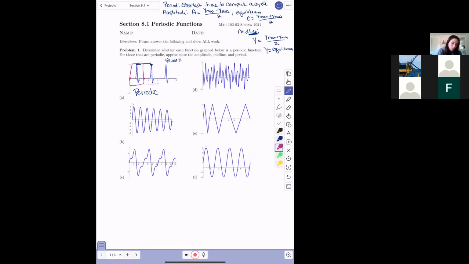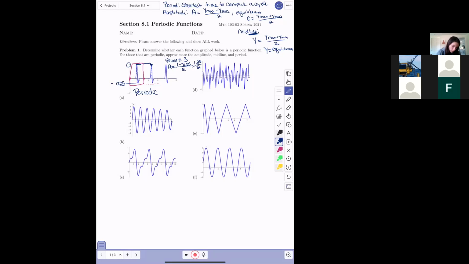Okay. So this period is the amount of time it takes to complete a complete cycle. And that's about 3. Next, we have the amplitude. A is about equal to the Y max, which is 1, minus the Y min, which is here, about, I'm going to say negative 0.25. So 1 minus negative 0.25 divided by 2 is equal to 1.25 divided by 2.